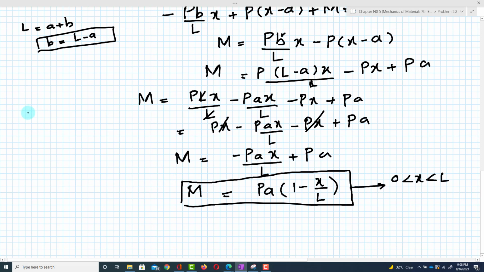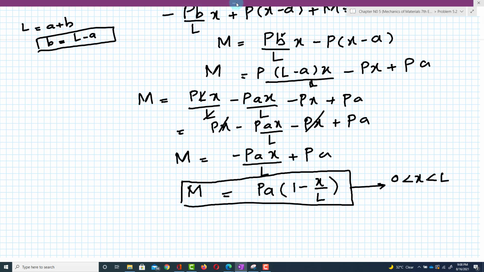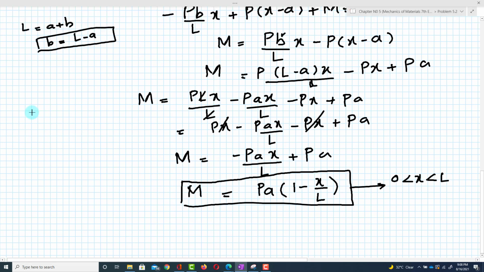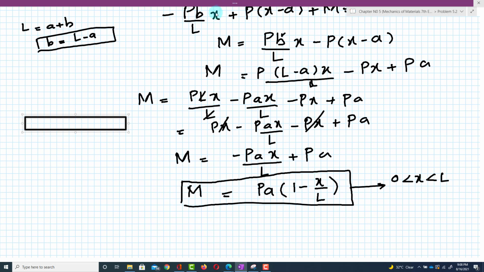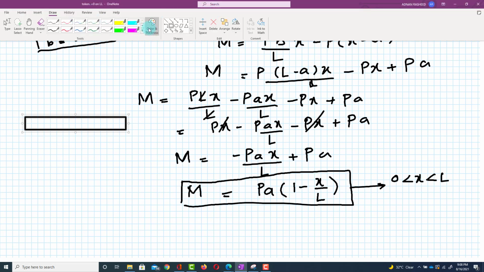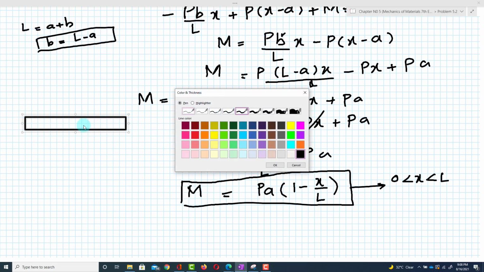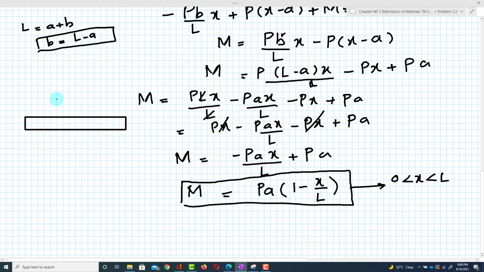Now let's draw the shear force and bending moment diagram. For example, this is the beam and the loading is shown over here. This is at point P, for example.